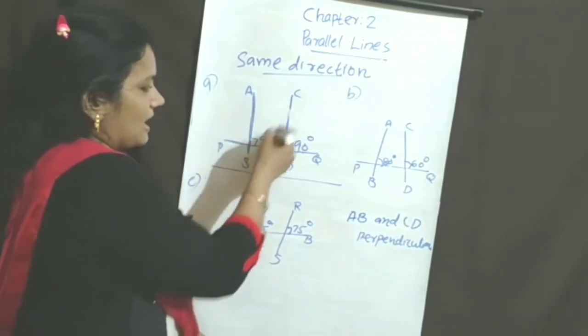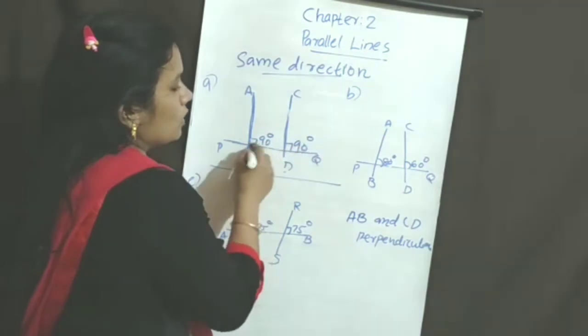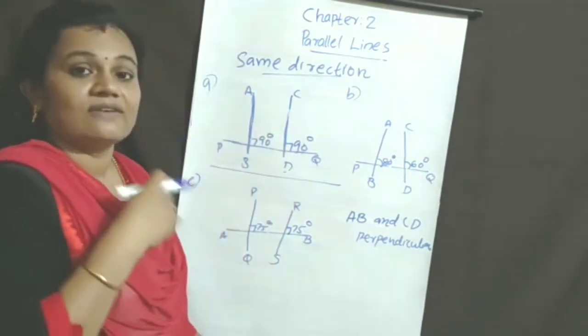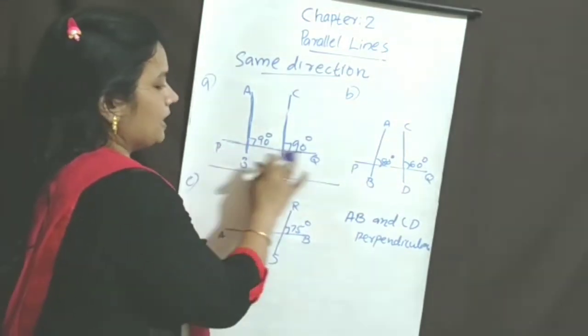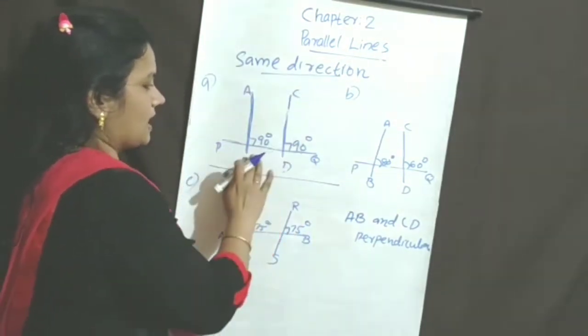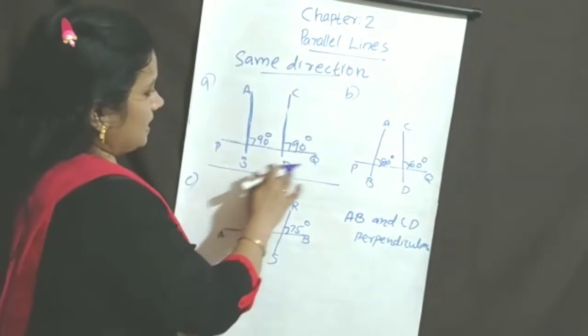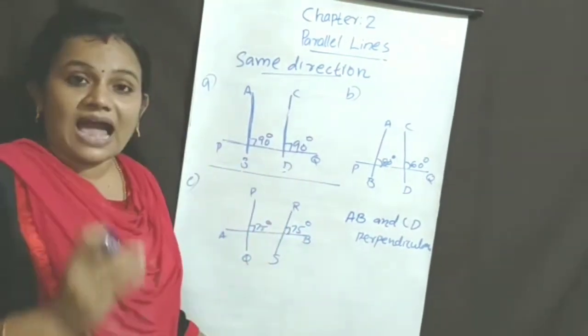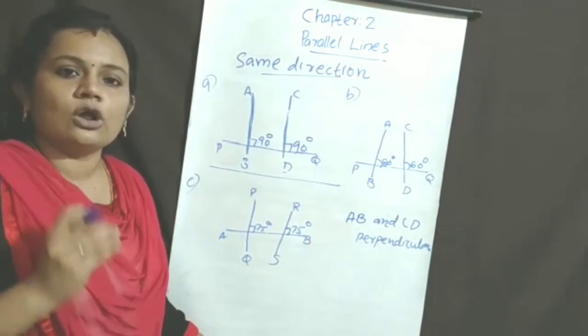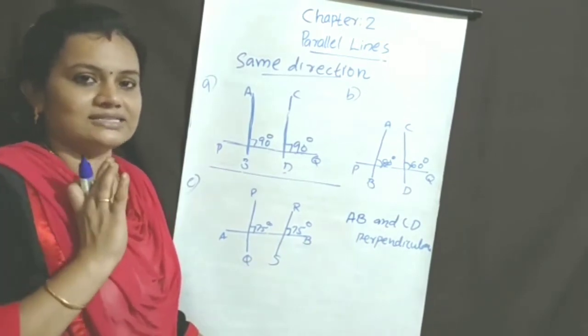Understood? The parallel lines make equal angles, 90 degrees, 90 degrees, with any line. This is the line PQ. The line PQ makes two angles, ABQ and CDQ, 90 degrees, 90 degrees. The parallel lines make equal angles with any line.